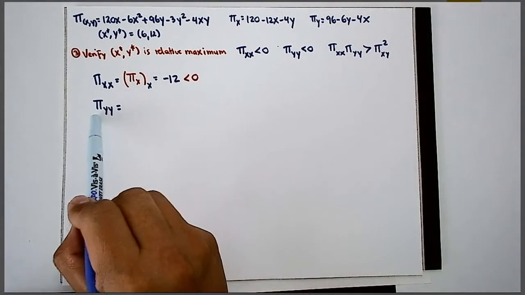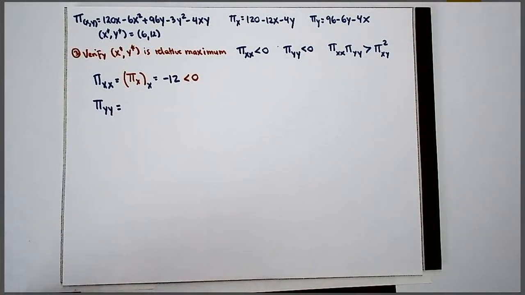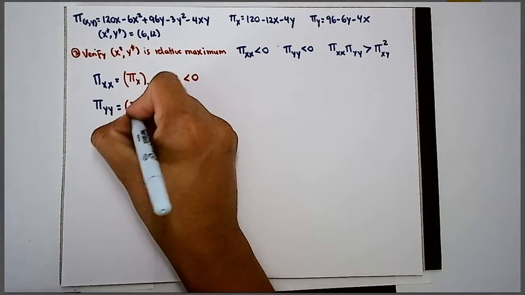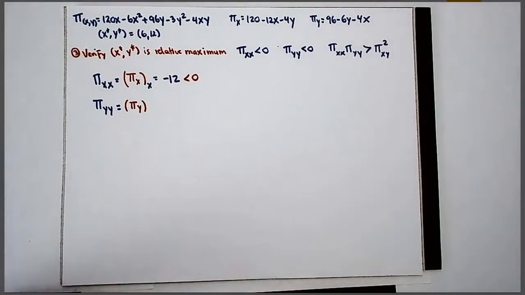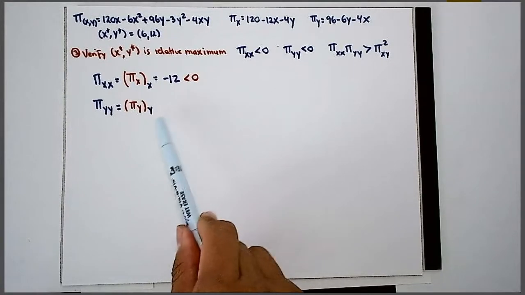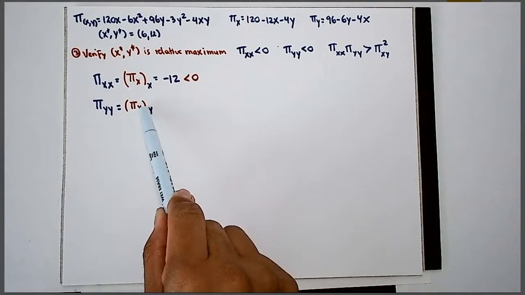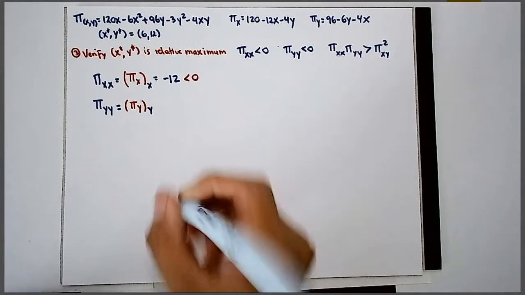Now let's continue with the partial derivative with respect to y. So the second partial derivative with respect to y is simply the derivative with respect to y of pi y.